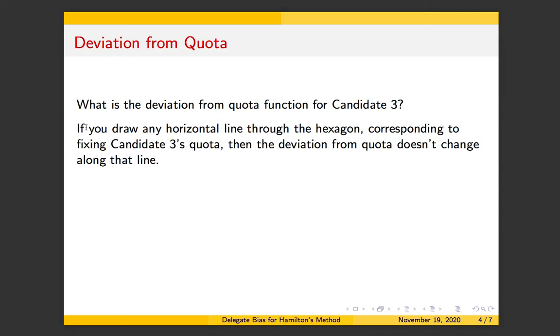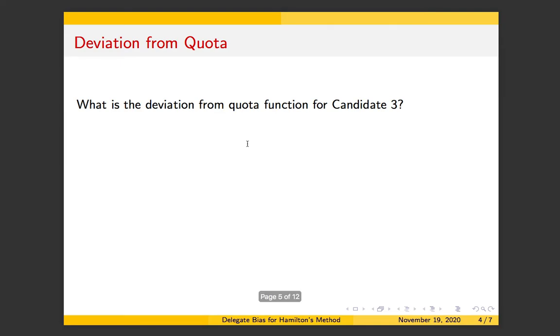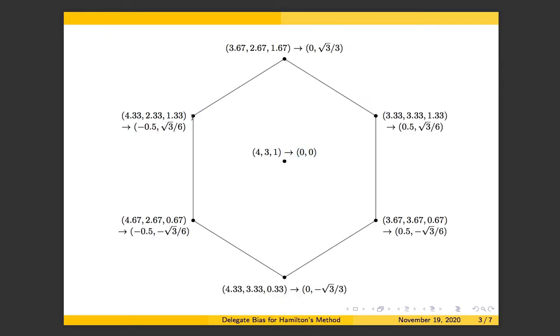So we can actually see what the graph should be based on this observation here. If you draw any horizontal line through the hexagon, which as we've seen before corresponds to keeping candidate 3's quota fixed, I would point out that the deviation from quota doesn't change along that line. So in other words, if I move left to right along this horizontal line, candidate 3's quota is 1 1/3.